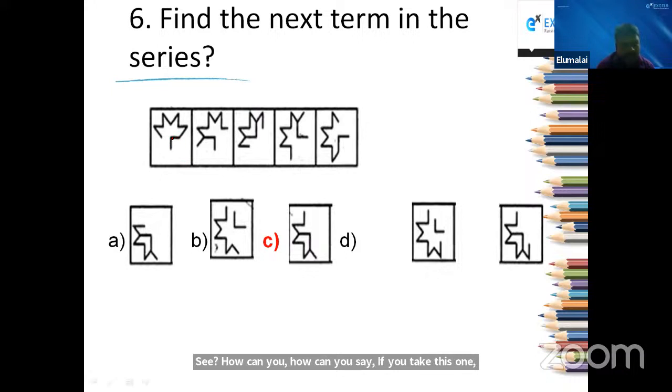Then it is turning right in the next diagram, right? Then again turning like this. Again it is like this. Then it will be like this, right? So next one it must be like this. So here both, right? It will be like this, not this one, right? So here it is nowhere connected.